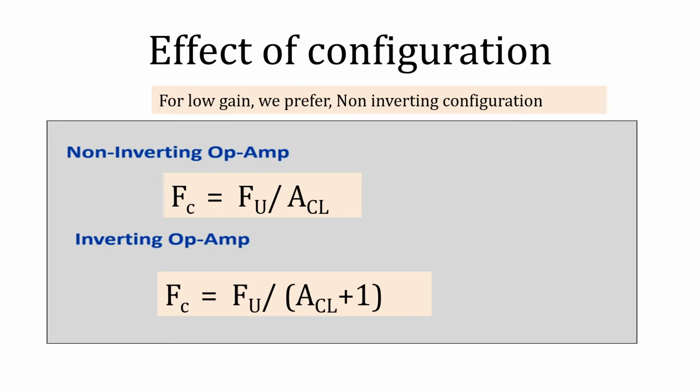Now there are two options in a closed loop system. One is the non-inverting operational amplifier configuration, when we provide the signal at this terminal, and we are using the negative terminal or inverting terminal for the feedback purpose.